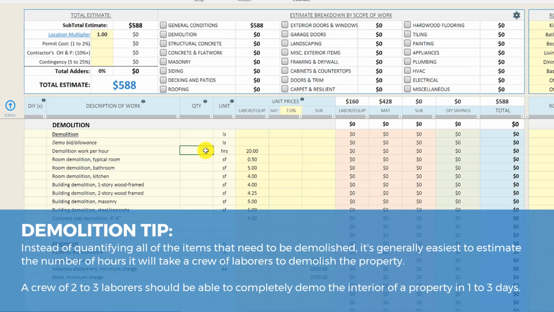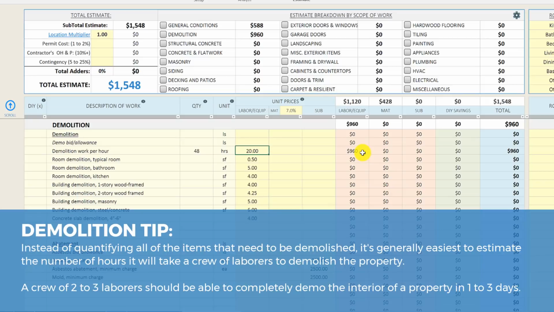So in this property, we're just tearing out the carpet, we're tearing out the bathrooms, tearing out the doors on the interior of the property, and I think it's going to take 3 guys 2 days to get this done. So 3 guys working 8-hour shifts, so that's 24 hours a day times 2, which is 48 hours. 48 hours times $20 an hour is $960.